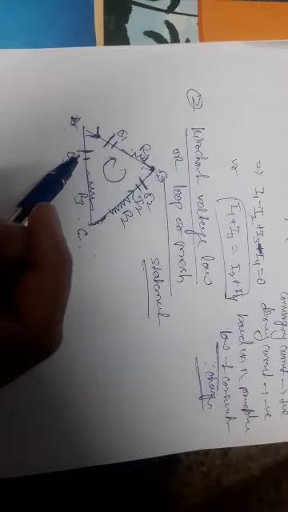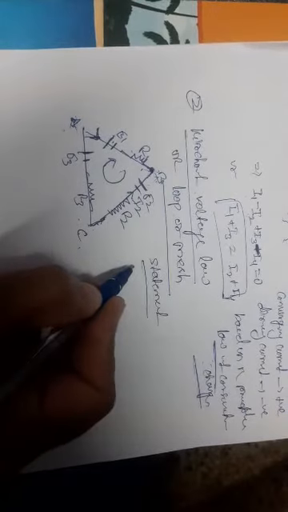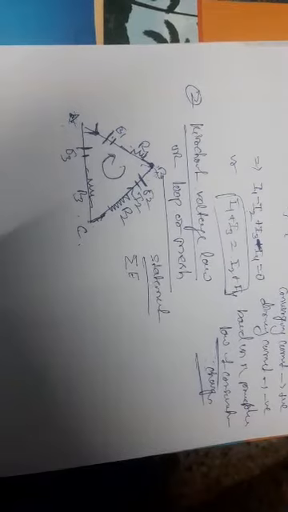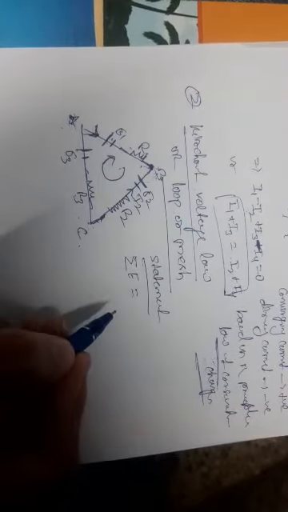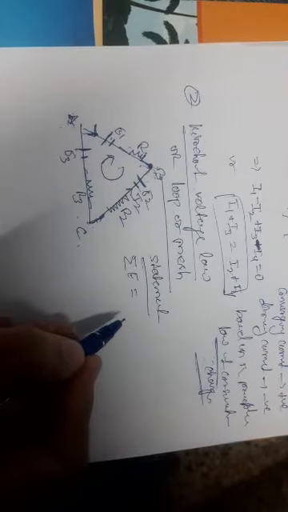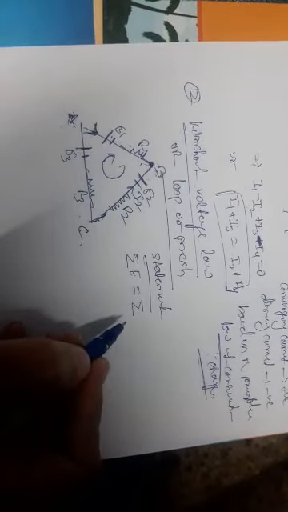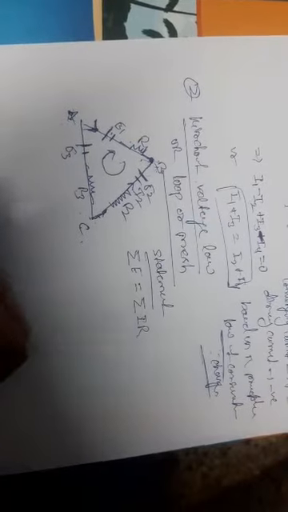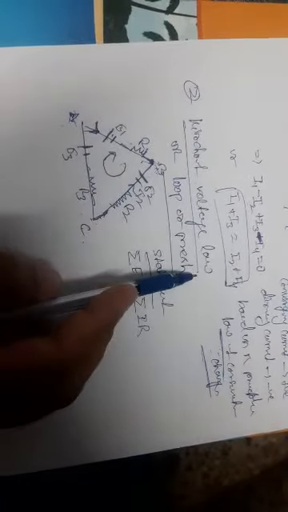The algebraic sum of the EMF, that is the summation of E, where E is the EMF of a cell, the battery, must be equal to the algebraic sum of the product of current and resistance in the loop. This is Kirchhoff's voltage law. It is also called the mesh law or loop law.